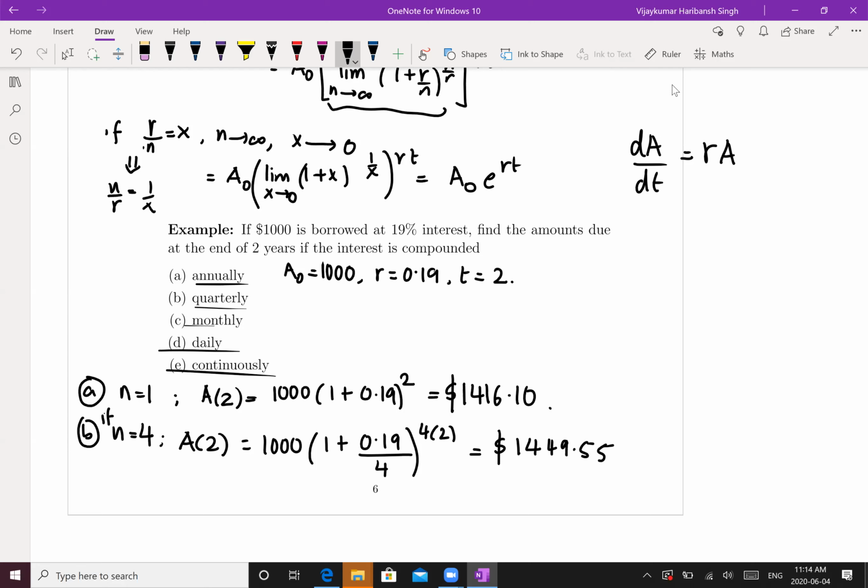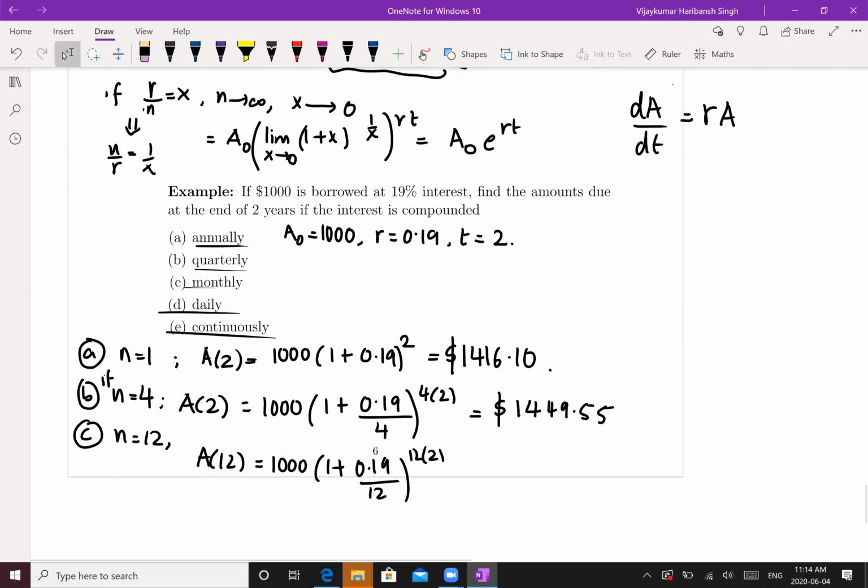Now let's see, if we do compounding monthly, what do you get? If n equals 12 in this case, A12 is going to be 1000 times (1 plus 0.19 divided by 12) to the power 12 times 2.